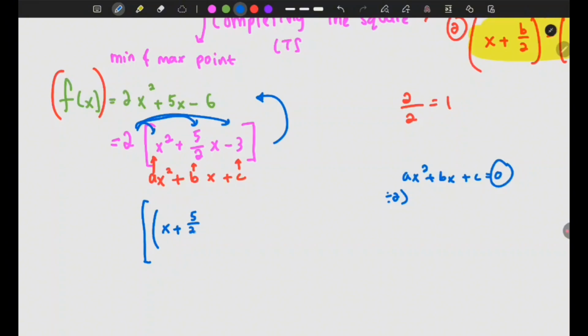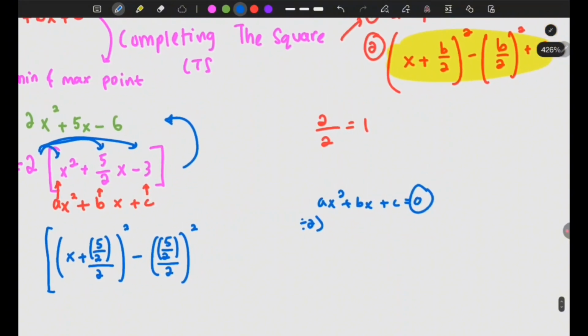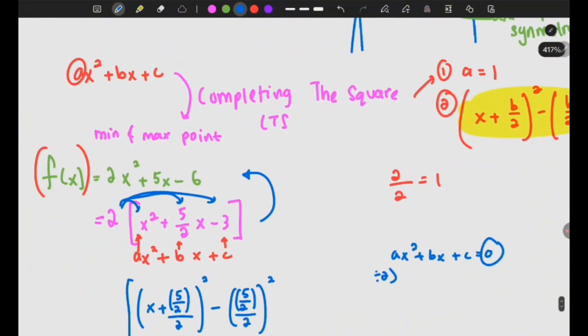Then minus b is 5 over 2 again, squared, and plus the c. My c is negative 3, right? So minus 3. And don't forget, maintain the 2, because you can't do anything with the 2. So just put the 2 at the side there, like a bodyguard.